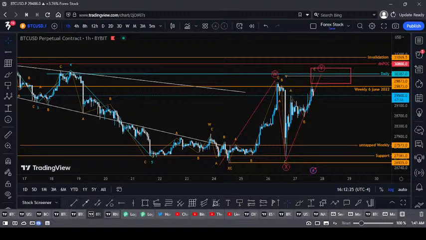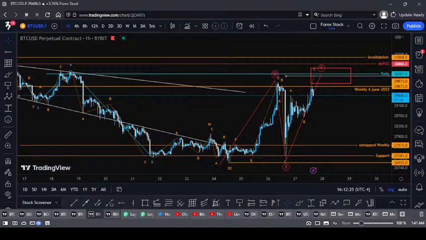30,000 has a really big selling wall there as well. You don't have any buy wall except 27,300. 27,300 here at the sell side liquidity, and 27,000 ballpark fixed figure.